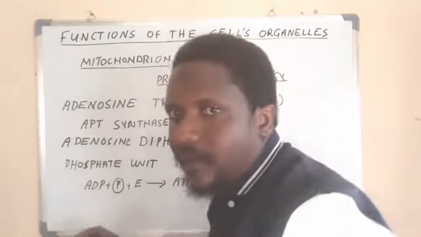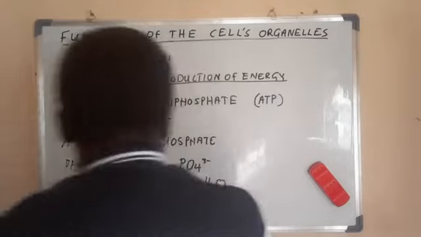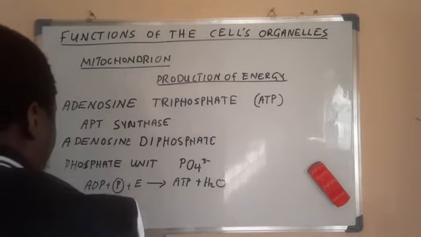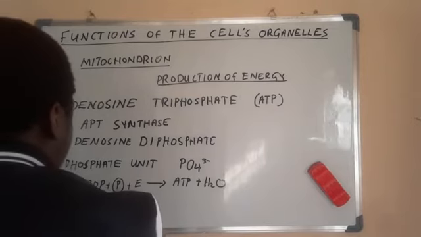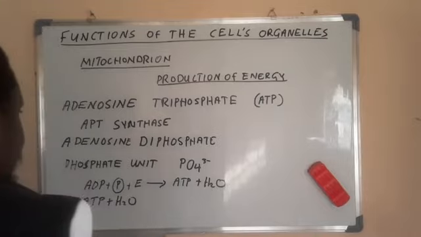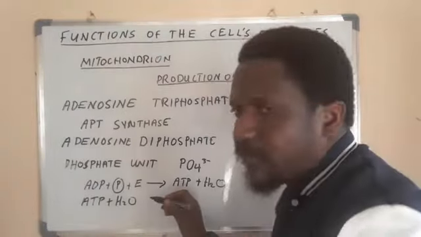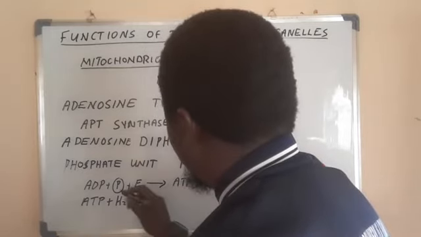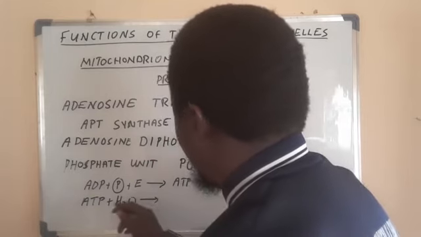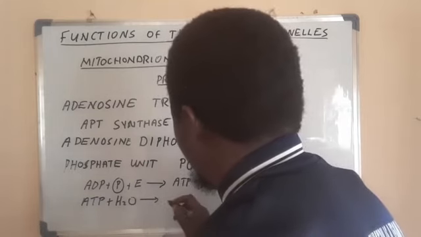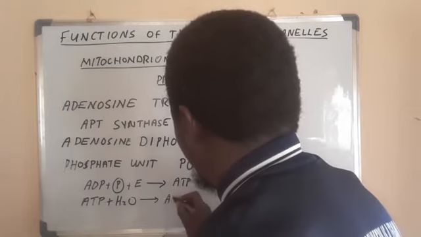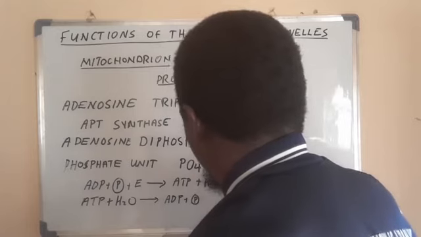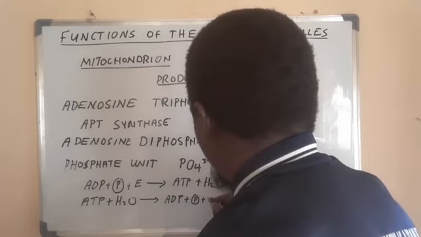So if you have ATP plus water, this gives ADP, because one phosphate group is detached when it is hydrolyzed, thereby bringing about the production of ADP, the phosphate group and the energy.